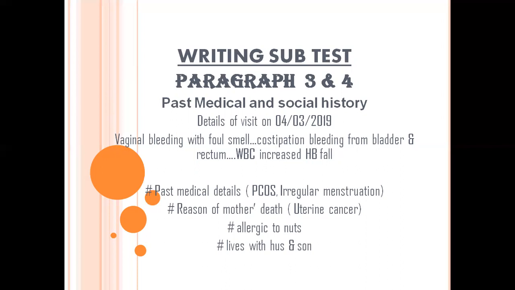And the past medical history, that means she had PCOS, irregular menstruations, and the reason for her mother's death, that it happened because of uterine cancer. These things we have to include, and along with that, we will say that she's allergic to nuts. This is all about her past medical history.